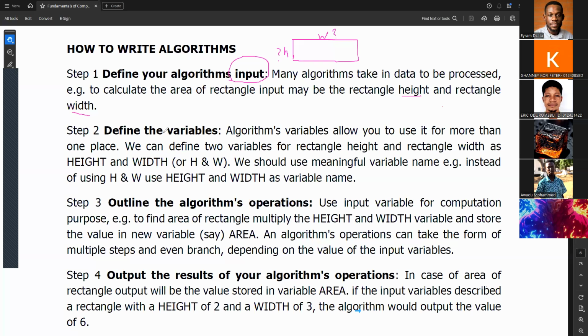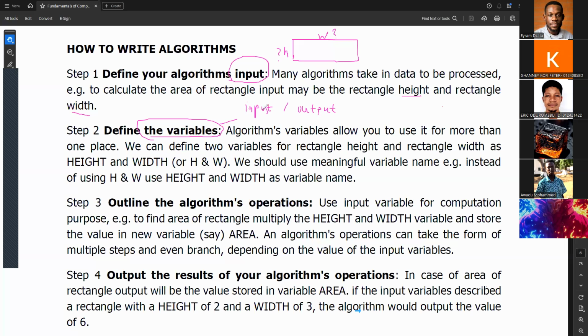Now, the next thing is to define the variables. There are two types of variables. We have the input variables, and then we have the output variables.